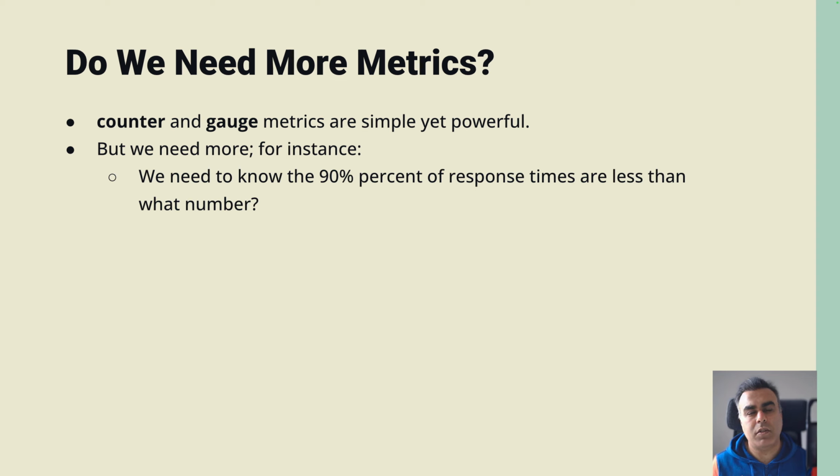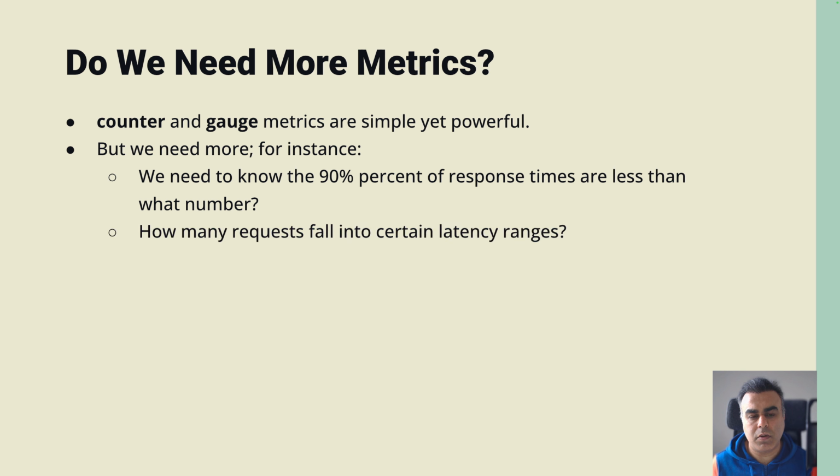This type of question is related to the distribution of the response times. Sometimes we don't need a specific time for a user. We want to have some insights about the distribution of data, or for instance we want to know how many requests fall into certain latency ranges.